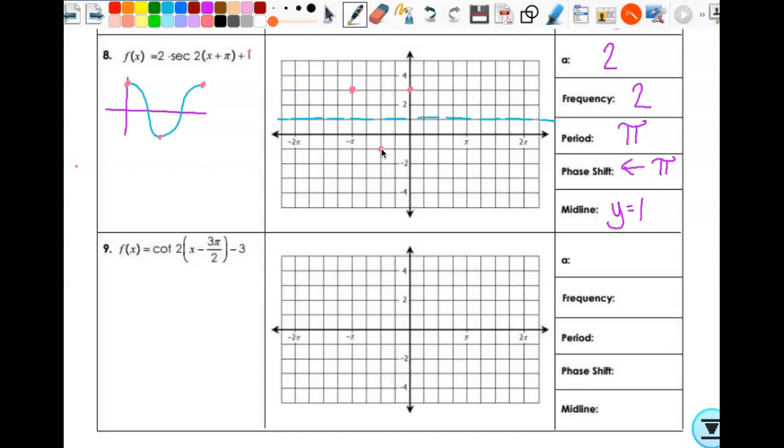Then what goes halfway between these 2 points? An asymptote, and then another asymptote here. And there are your 5 pieces. Everybody okay with where everything came from?